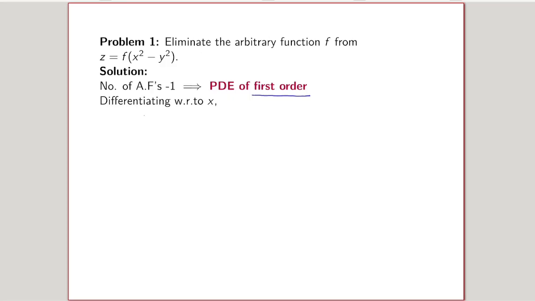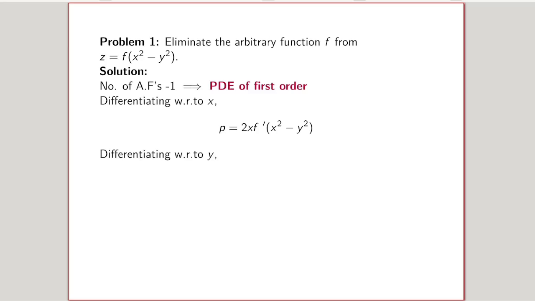Differentiating the left hand side, we'll be getting dou z divided by dou x, and differentiating the right hand side, first f will be written as f dash of x squared minus y squared, and then we have to differentiate the term inside the bracket. Differentiating x squared minus y squared with respect to x, we will be getting 2x. So we can write this as p is equal to 2x into f dash of x squared minus y squared. So this will be the first equation.